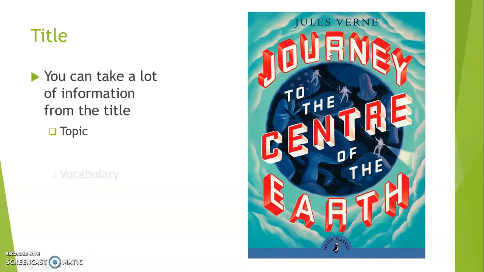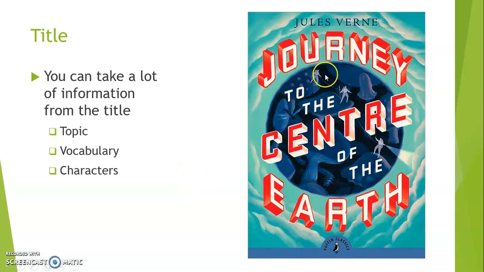Really easy, right? You can learn vocabulary, so some vocabulary that you didn't know, algo que ustedes no conocían, algún vocabulario que no conocieran antes. For example, you may not know journey or earth, so you may remember the spelling of those words. In some titles, en algunos títulos, you may find some characters.